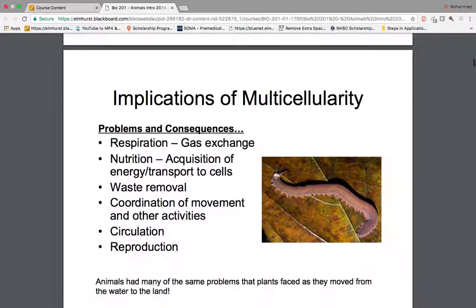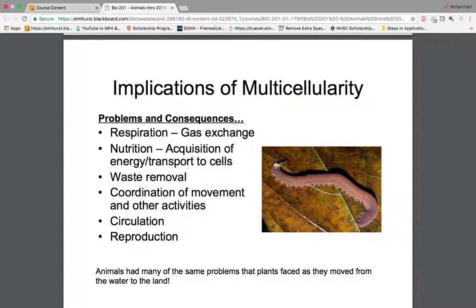When you become multicellular, there are some immediate problems that have to be dealt with. For example, when you're small, every single cell or every single part of your body is close to the exterior. And so by simple diffusion, things like gas moving across the membrane, you can easily get to every cell.